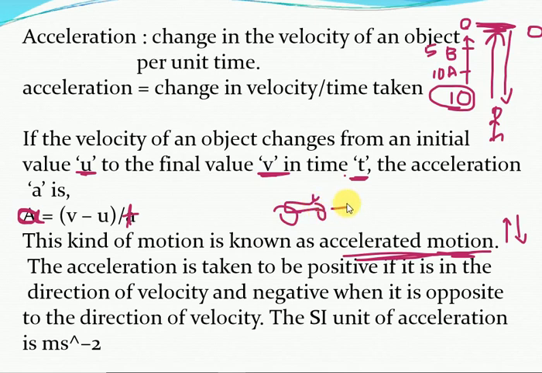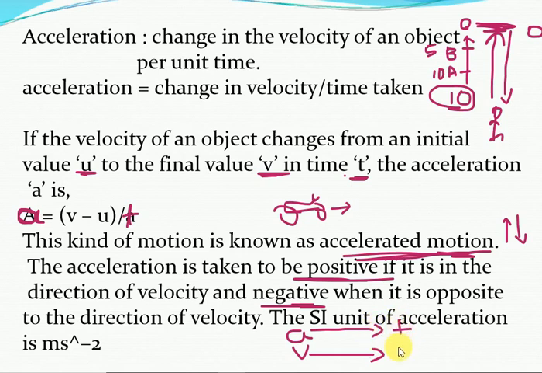Now, the acceleration is taken to be positive if it is in the direction of velocity and negative if it is opposite to the direction of velocity. That means, as you know, velocity is a vector quantity, it has a particular direction. Acceleration is also a vector quantity. If the direction of acceleration and the direction of velocity is the same, then acceleration is taken as positive.